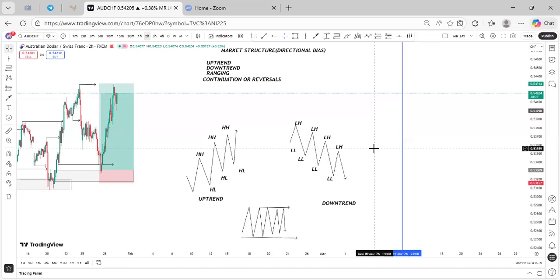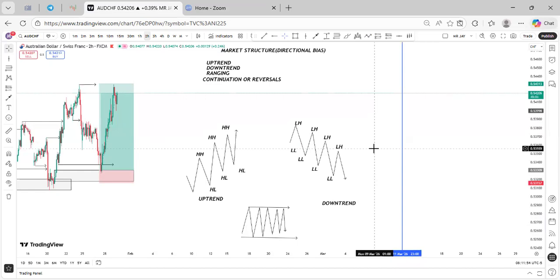So once we see that, then we can trade in line with the current trend which the market has established for us, right? So it's very, very important we avoid ranging markets.